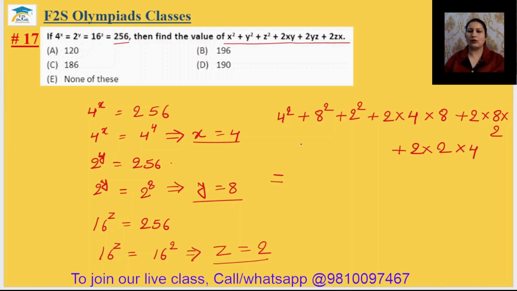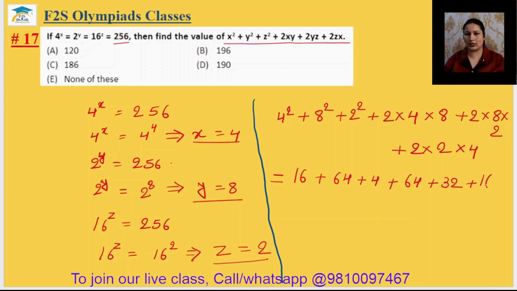Okay? Now simplify it. I'm just putting one line here so that it can be separated. 4 fours are 16, 8 eights are 64, 2 twos are 4, plus 64, plus 32, plus 16.